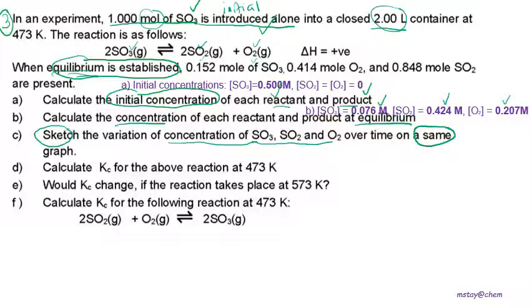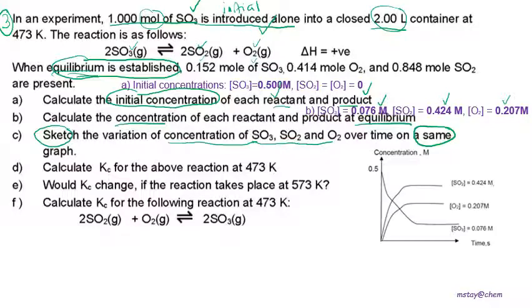So you draw or sketch a graph with all three substances, with the curves in the graph. This is how the graph looks like. We have the concentration versus the time.